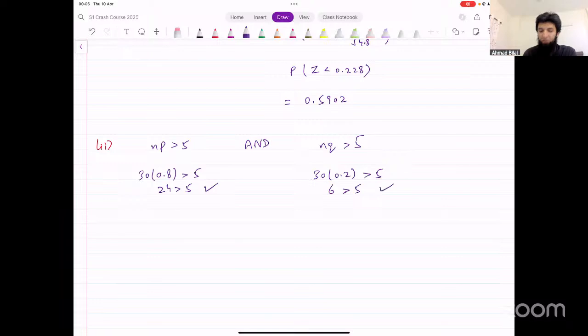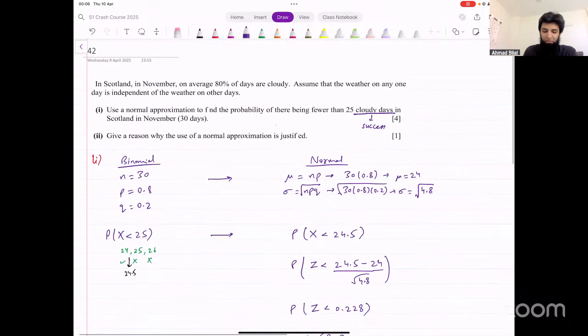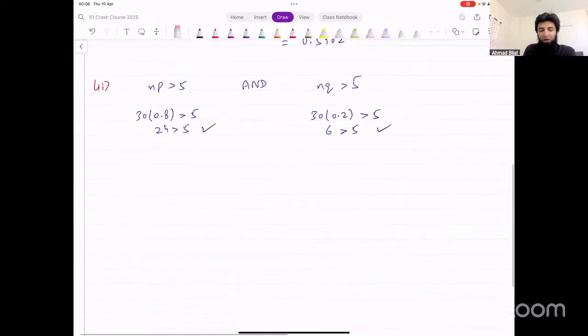This is also met. And now we say, since both conditions are met, the use of this approximation is justified. If even one of these conditions was not met, then the approximation would not be accurate. We would not use that. If this condition is not met, then it would not be justified to use it. Make sense?